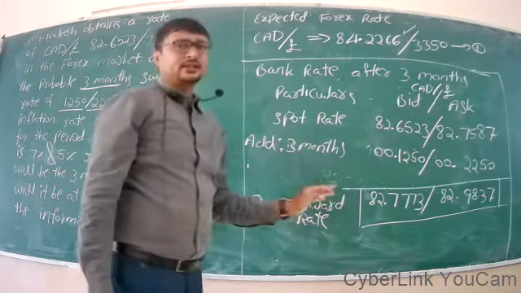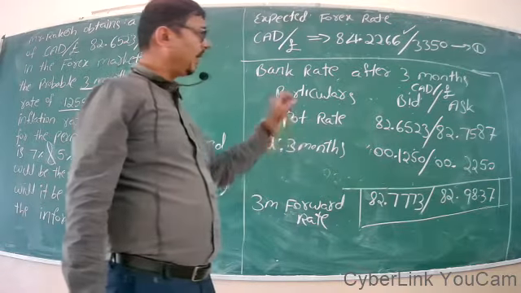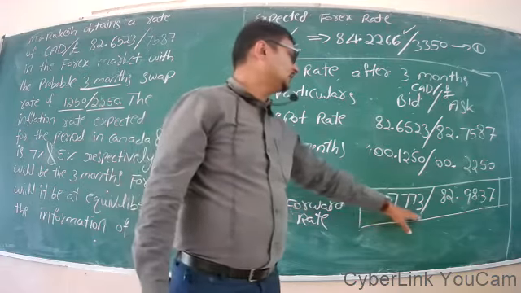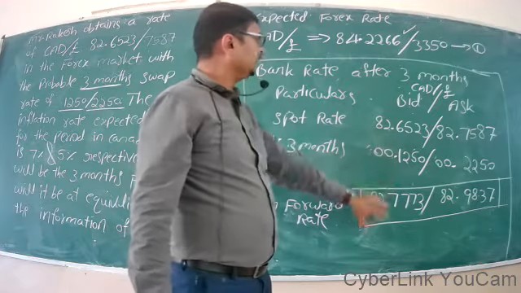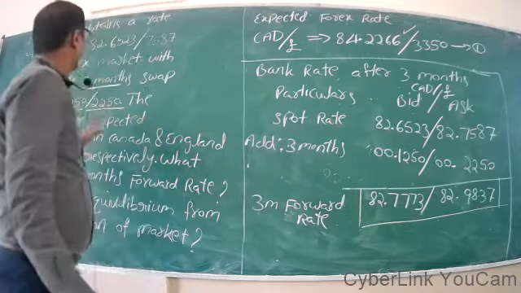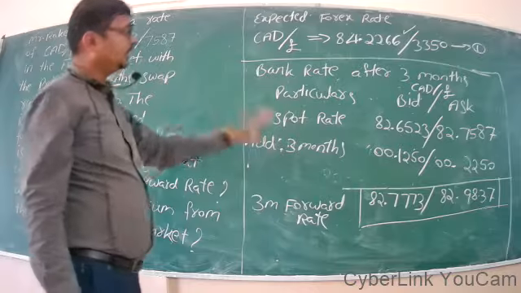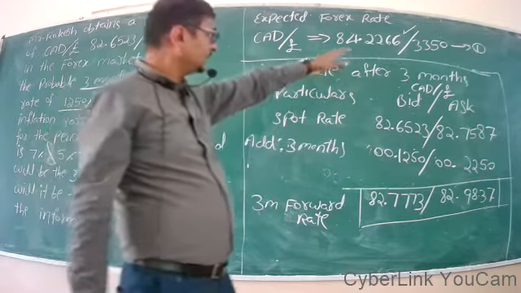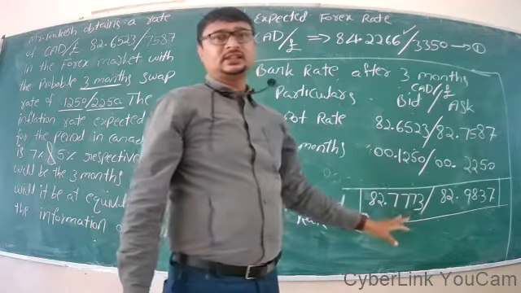And the bank rate, a certain bank is offering after 3 months, is 82.773 oblique 82.9837. So we are checking whether these two exchange rates are the same, whether these two rates are at equilibrium. If you see, this is 84.2266, this is 82.773.